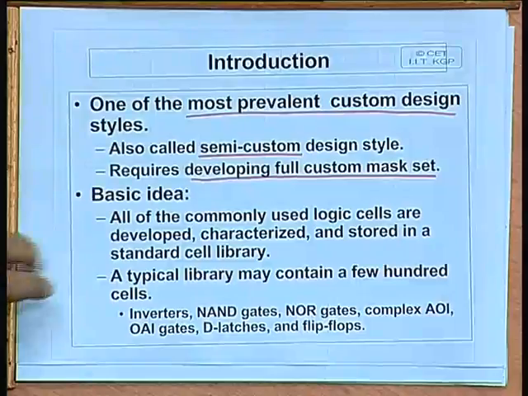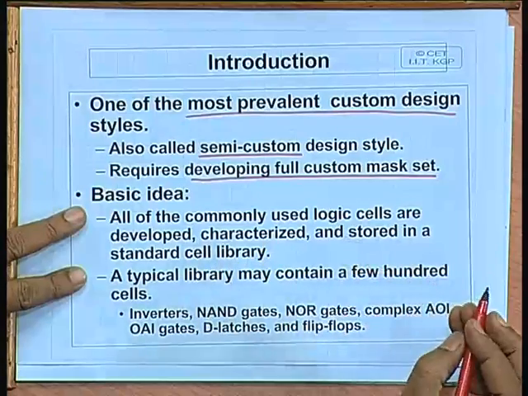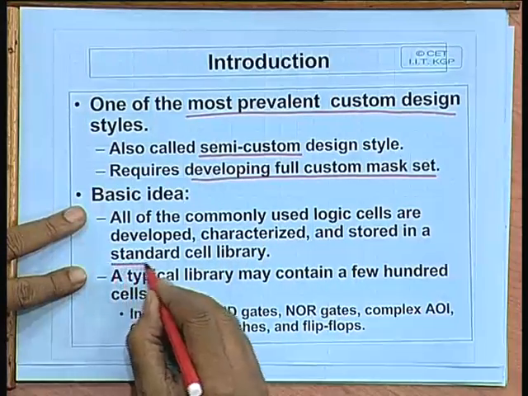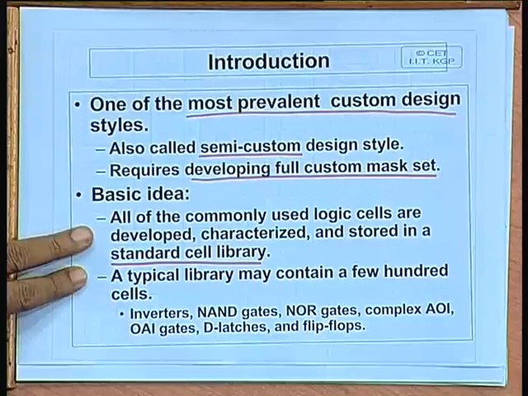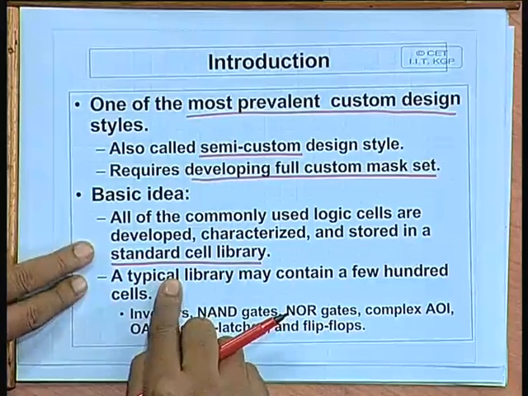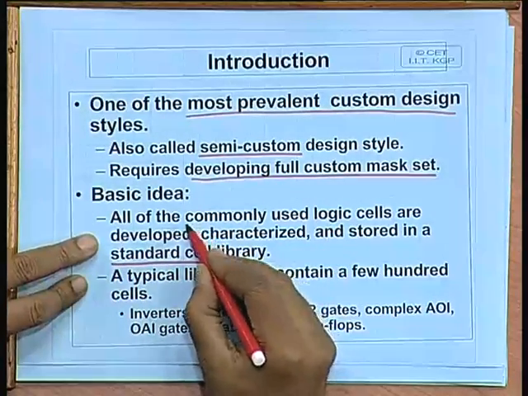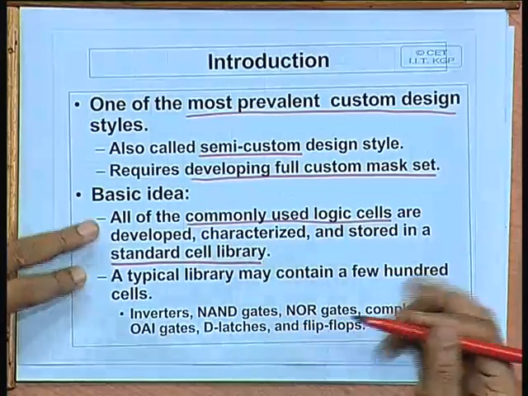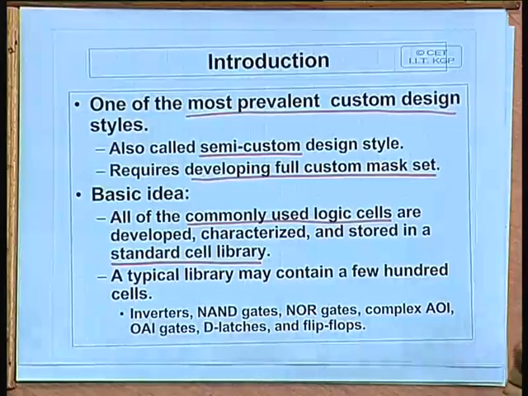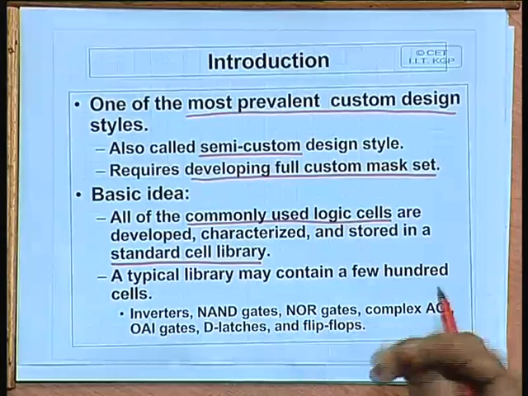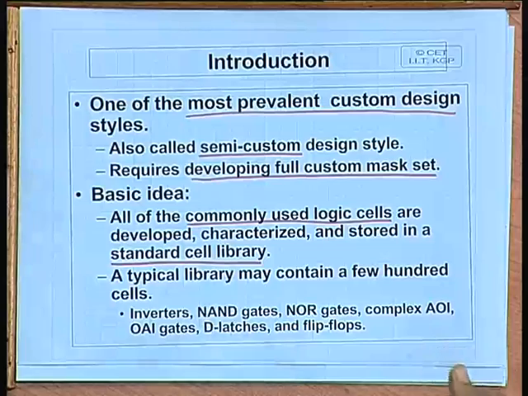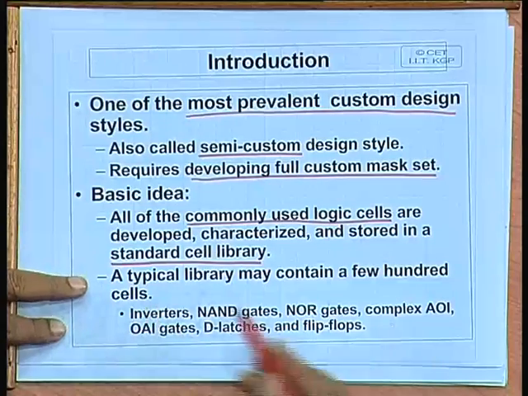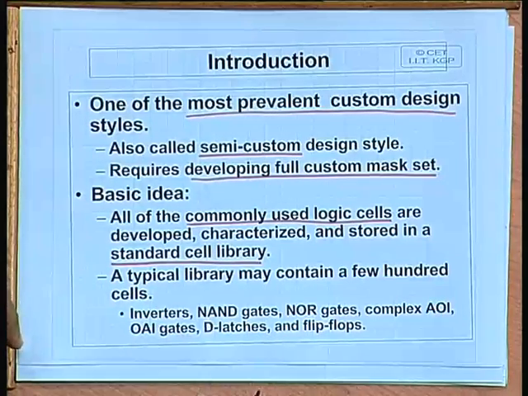Basic idea is very simple. It says that you have something called a standard cell library, and the standard cell library contains all the commonly used logic cells starting from simple gates to registers, maybe small ALUs, multiplexers, everything. Now, a typical library can contain a few hundred cells.